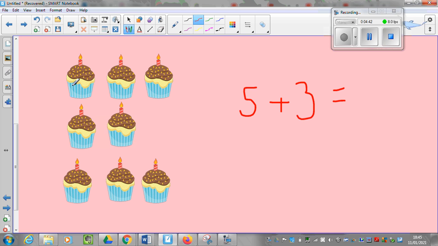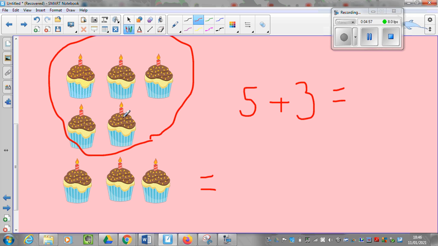Let's have a look. 1, 2, 3, 4, 5. Or those of you that were really clever may have remembered that we could take her 5 originally and then just count on from that number. 5, add 1, 2, 3 equals, or if we're not being silly, we go 5, 6, 7, 8, and that equals 8. So 5 add 3 equals 8.